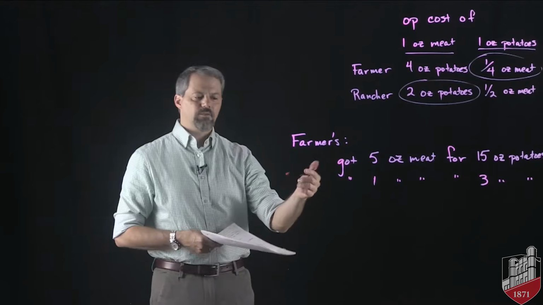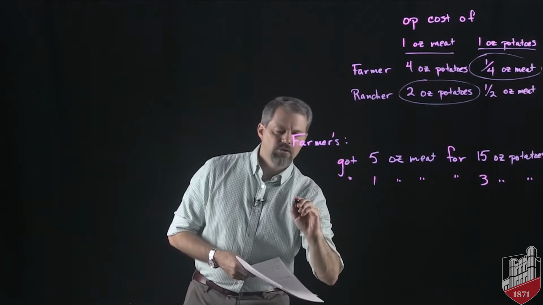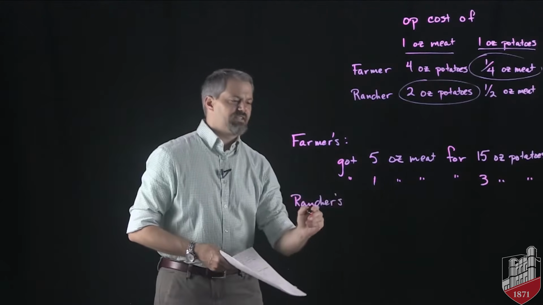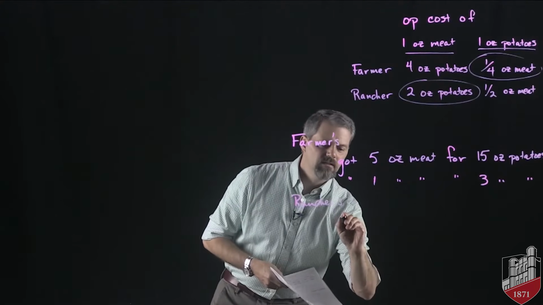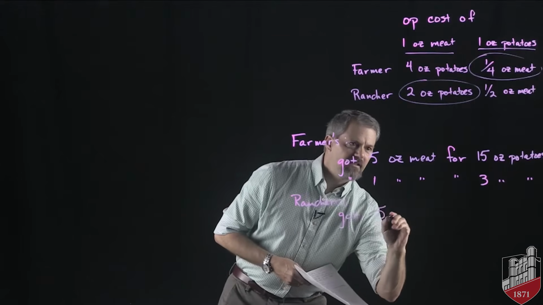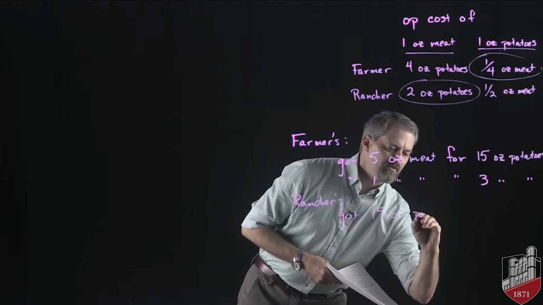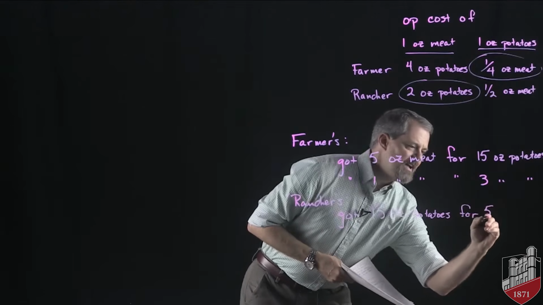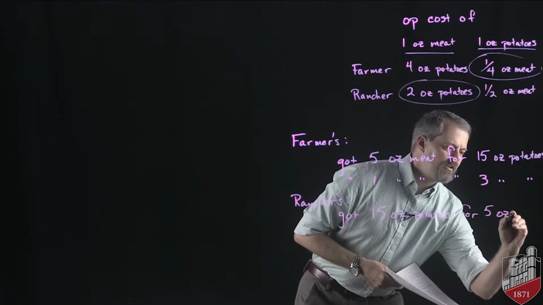Let's think about it from the rancher's perspective. So the rancher's perspective is that they got 15 ounces of potatoes for 5 ounces of meat.